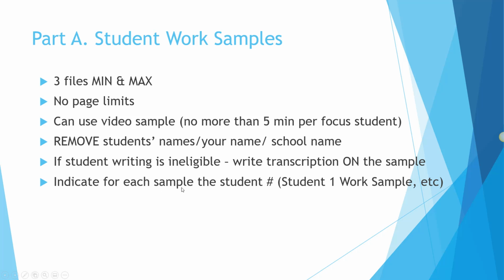And you need to make sure that you put on the top of each sample the student number. So get rid of the name and put student 1 work sample, student 2, student 3. Also name the file with the student number so it's very easy for the reviewer to access.